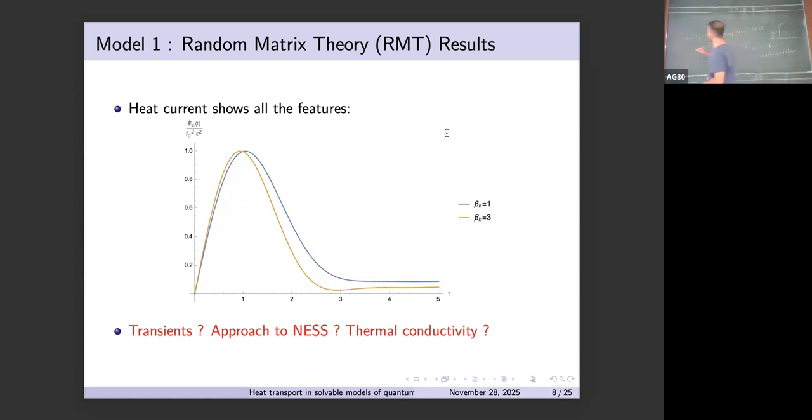Maybe in the initial picture that I had, there is hot and there is cold, and I'm coupling them by an order epsilon. And then the heat current will be an integral over some 2-point function. Now, what I'm saying is that this has some characteristic fall off.